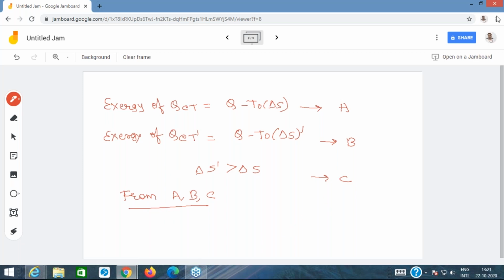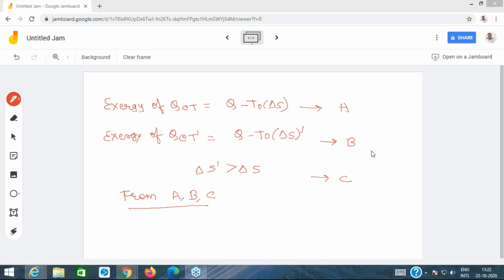Right, Sharvari, you are right. T dash is greater than T, Gargi? T dash is not greater than T. T dash is less than T, Gargi. Anybody, any answers? What do you conclude from this?